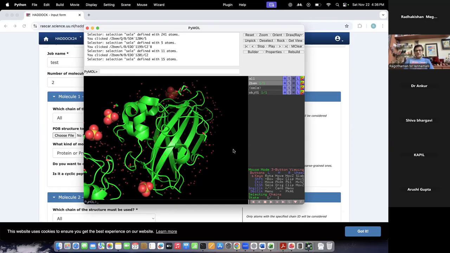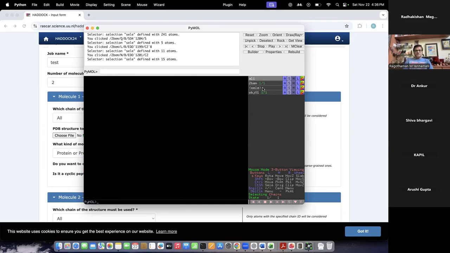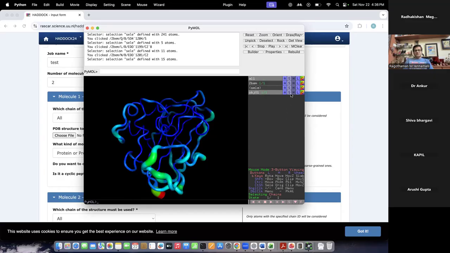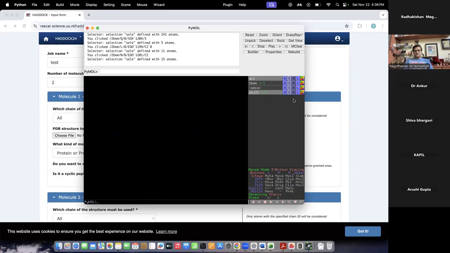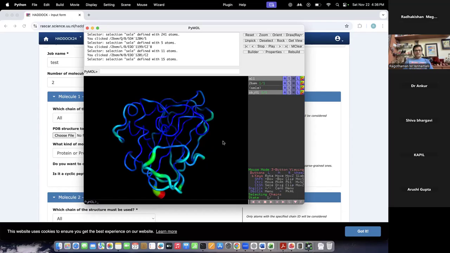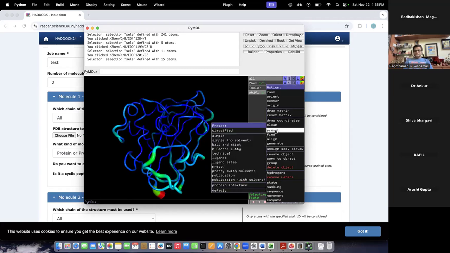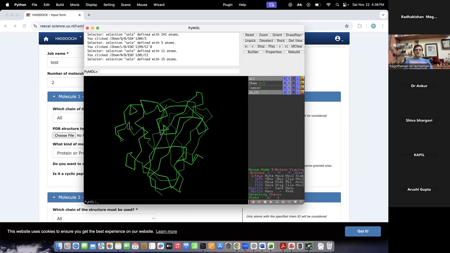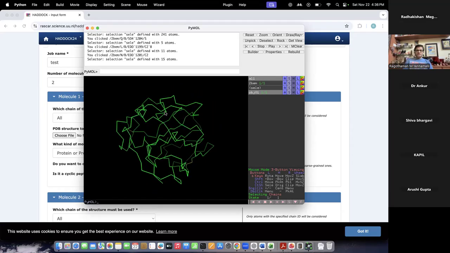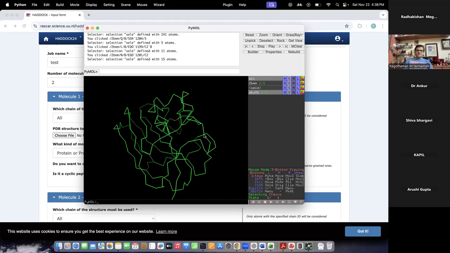So the first task is to remove all of this and you get only the protein. Okay, so you only have the protein molecule, and here you can see that there is a disulfide bridge between these two cysteines.